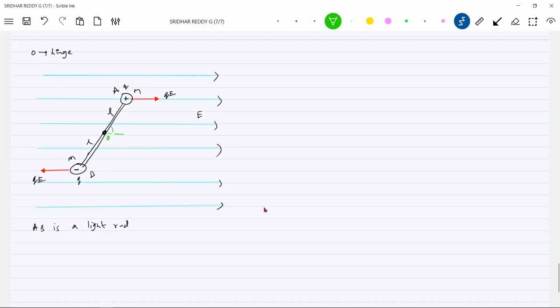Let me bring this theta. Shall we go for the torque acting on the system?